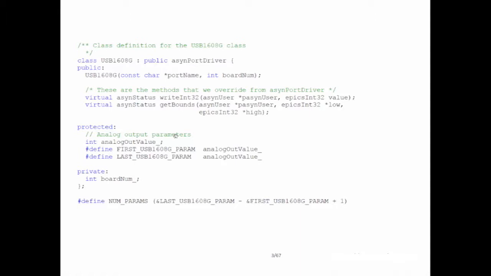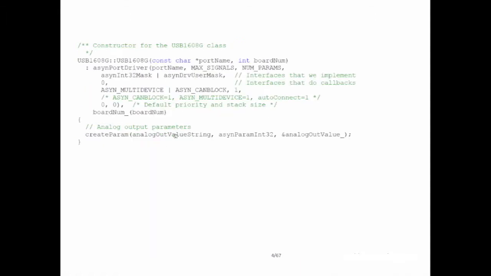That's just the simple way of computing how many parameters there are. As you insert parameters into this list, you don't have to muck around with how many there are, except that you have to remember to have the last one pointing to the last one in your list and the first one pointing to the first one in your list. Okay, so here is the code for the constructor.